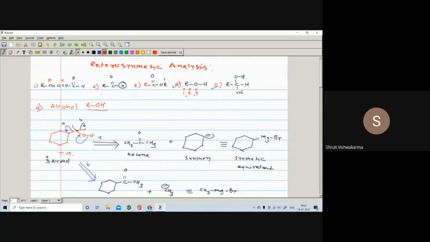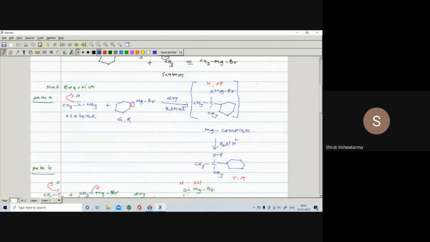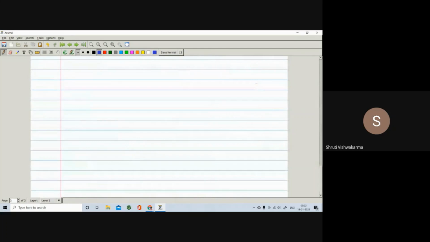Number six example is RX, alkyl halide. Alkyl halide can be represented as RX.